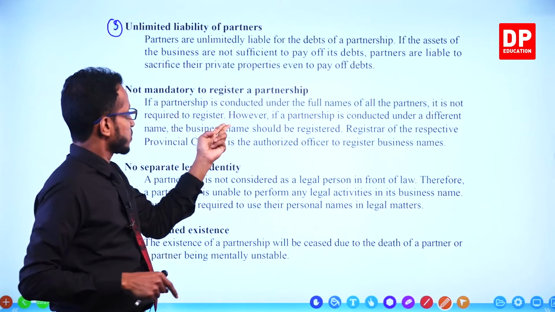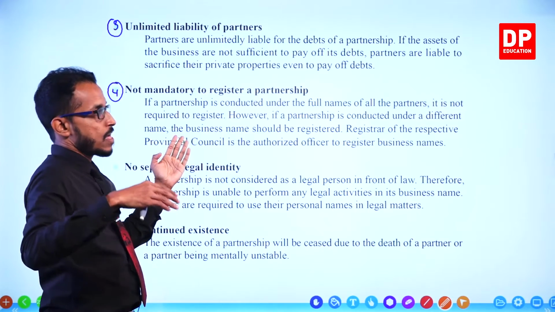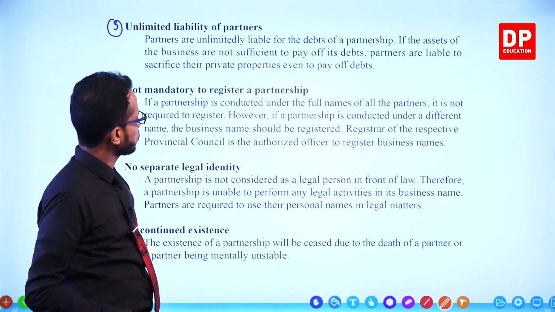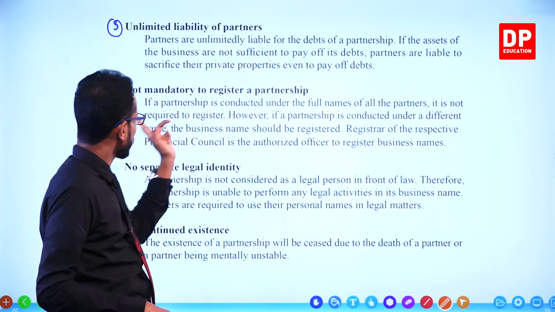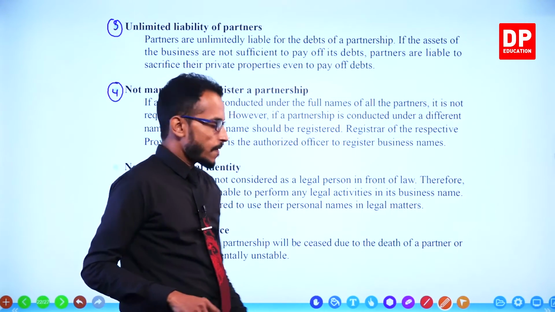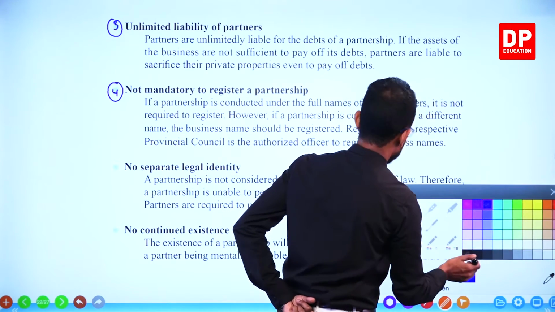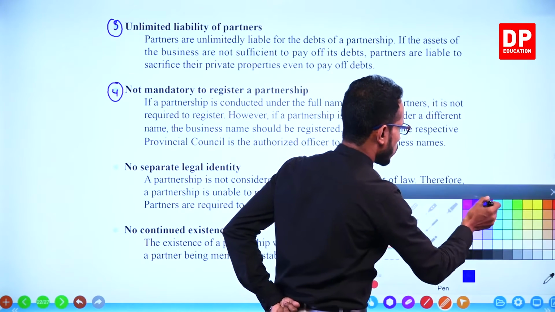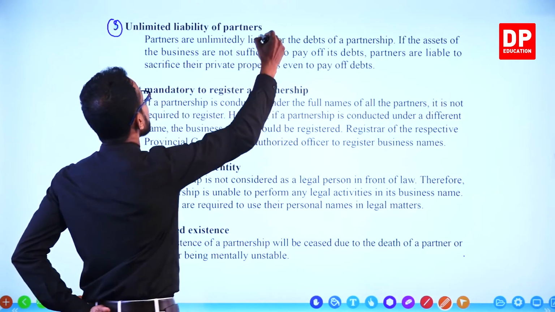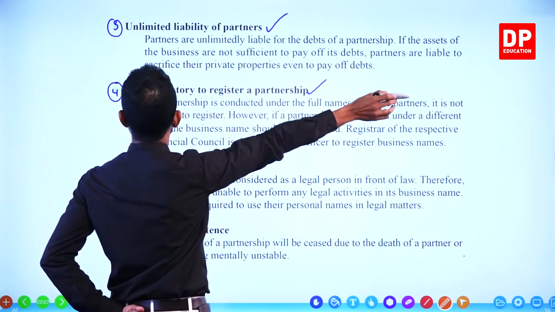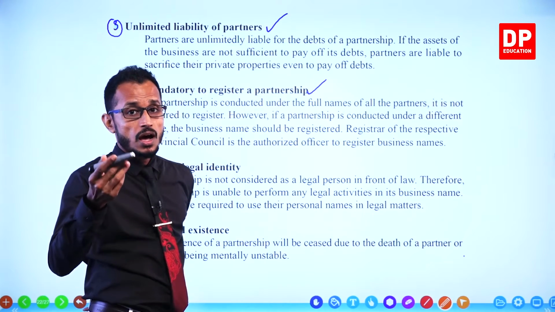However, if a partnership is conducted under a different name, it should be registered in the respective provincial council. If you are living in, let's say, Kurunagala, you should go to your local provincial council and register your business. So done. Unlimited liability, not mandatory to register, but you know how it is, right?